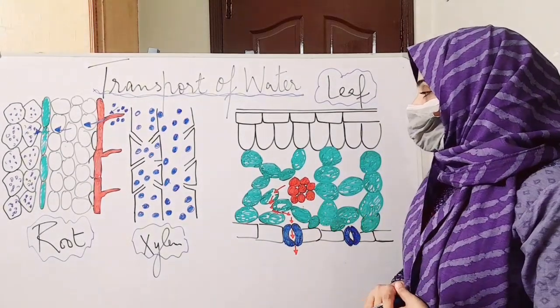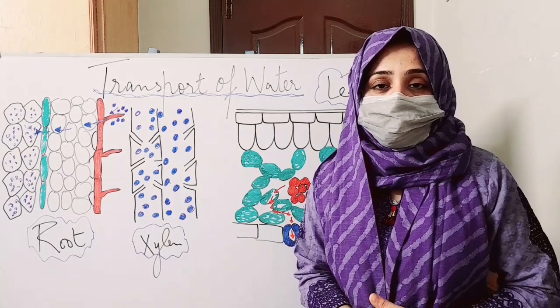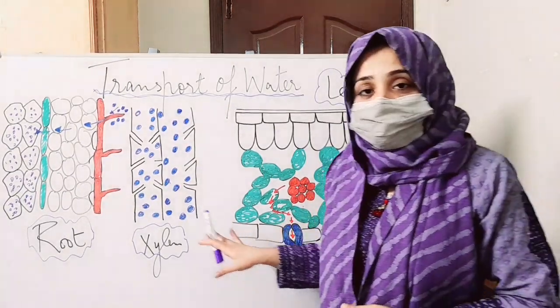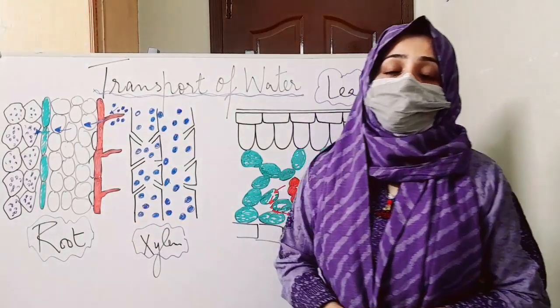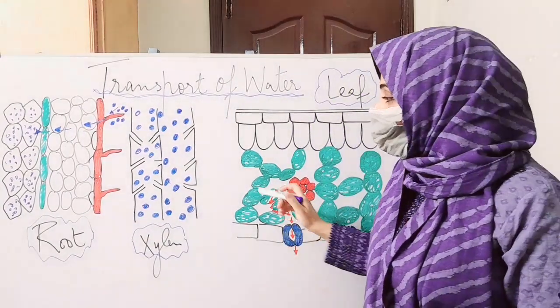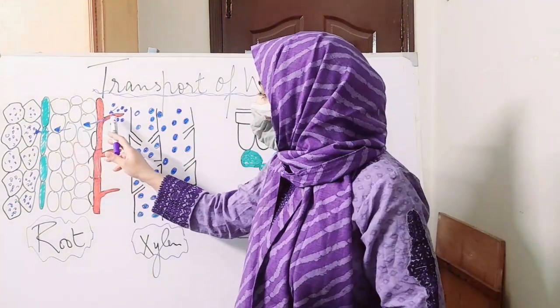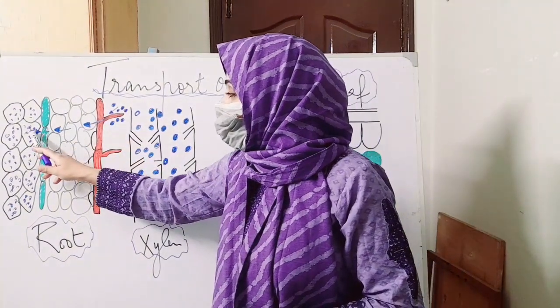Due to this transpirational pull, a water column is created from the xylem of the leaf up to the xylem of the roots. This transpirational pull is also responsible for the movement of water transversely from the root hair to the xylem tissue.